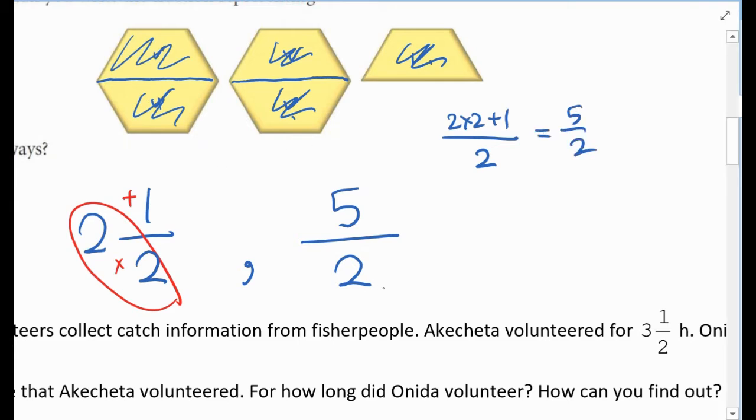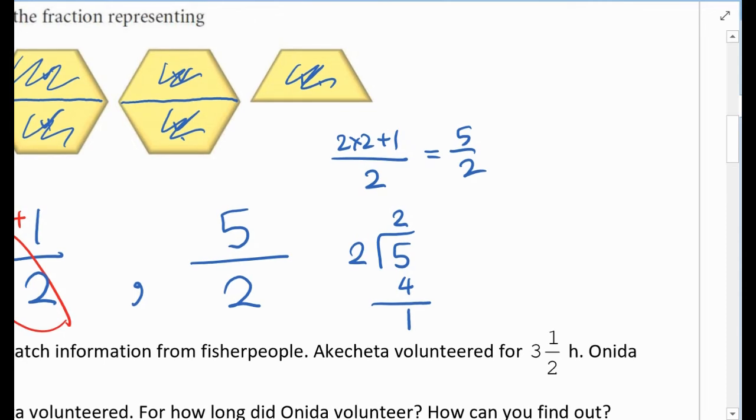And when you convert an improper fraction to a mixed number, you divide. 5 divided by 2. 2 goes into 5 twice, then you have 4, and the remainder is 1.